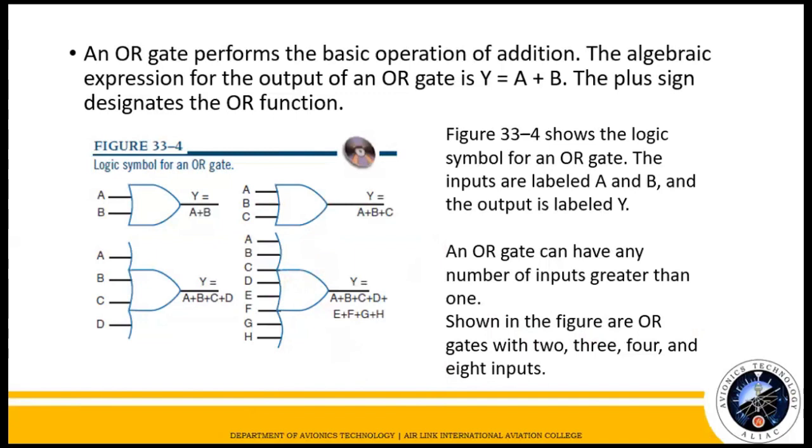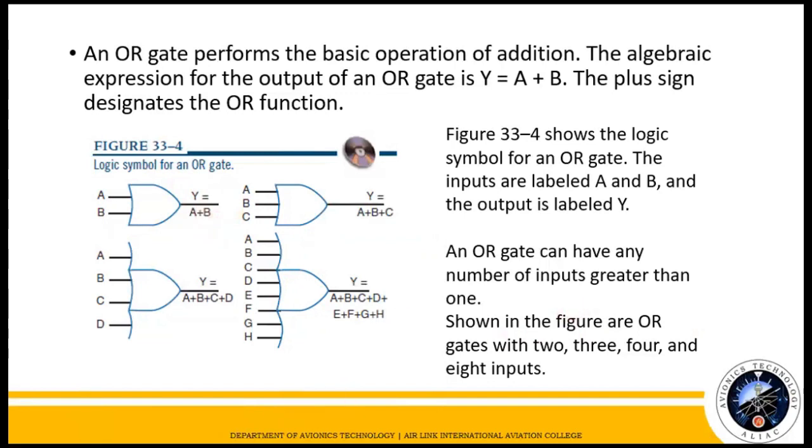Simpleng-simple. Okay, so example lang natin. Kahit magkaroon ka ng 1 dito, okay, so A and B, 1, 0, Y is equal to 1.